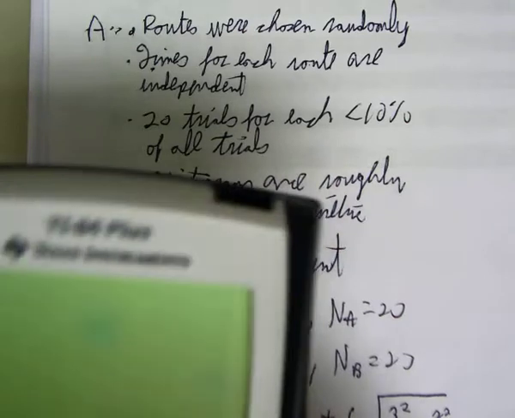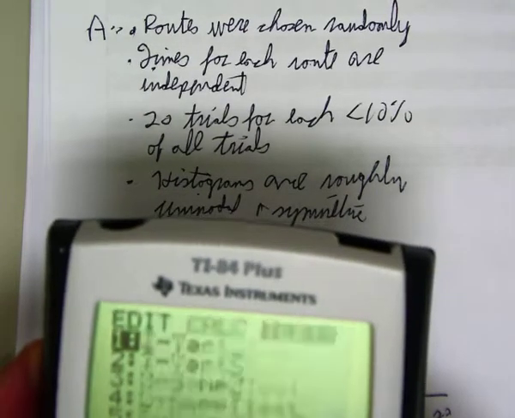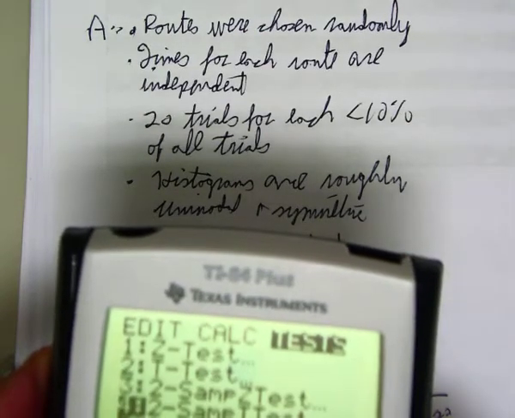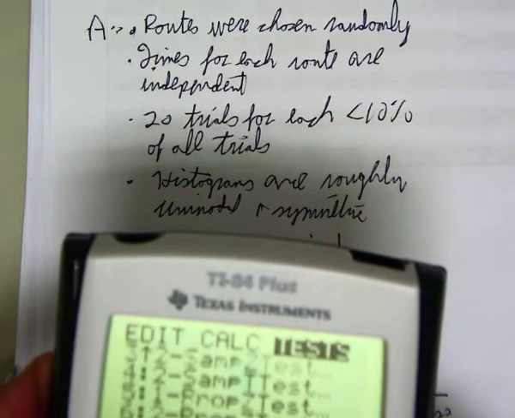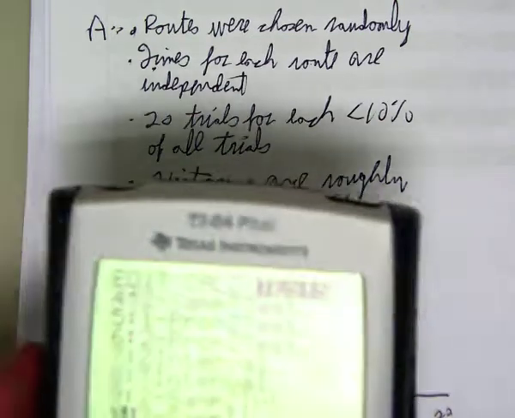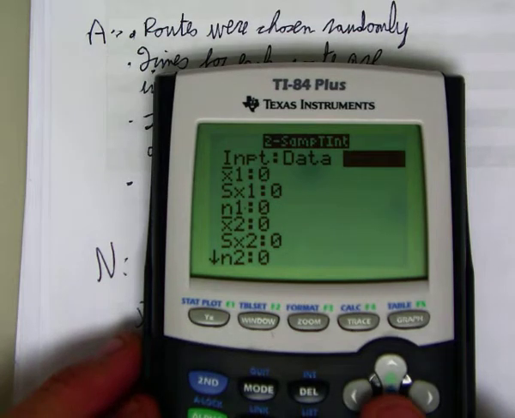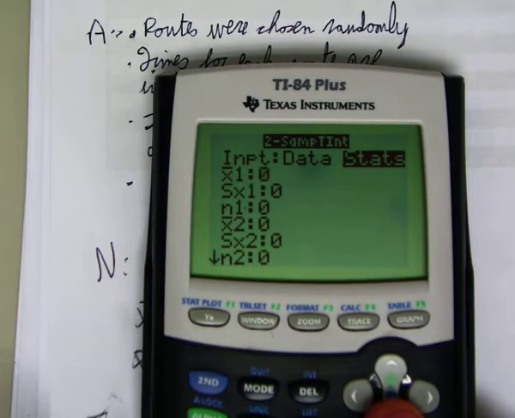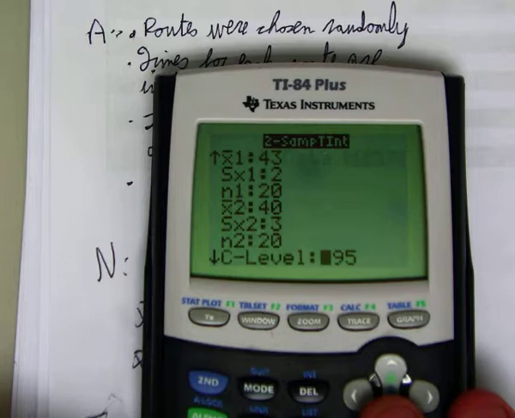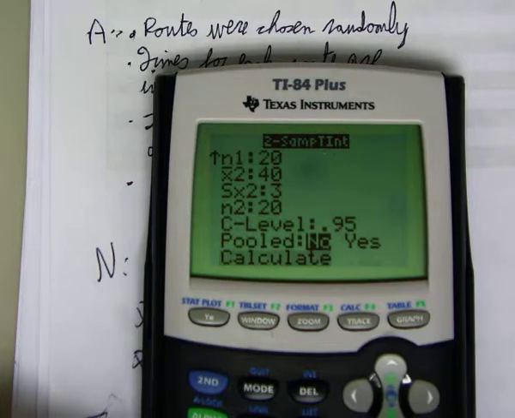So if I put that in the calculator, and I go to stat, and I go to test, I go to 2-SampTInt, there it is right there, number 0, and I put in my stats. So I'm going to put in 43 and 2 and 20, 40 and 3 and 20, and let's see, confidence level 95%. Okay, we're not going to pool, and we're going to calculate.